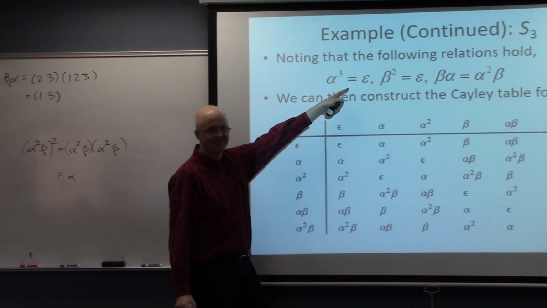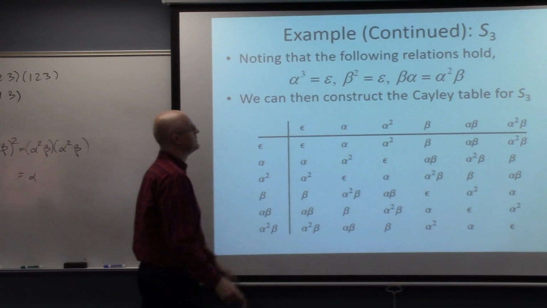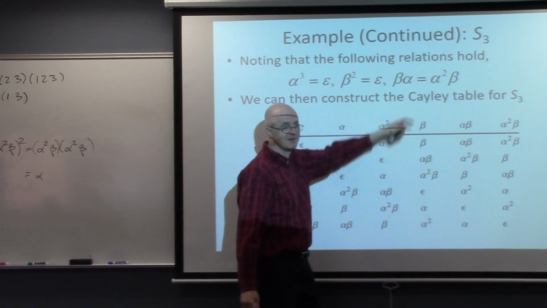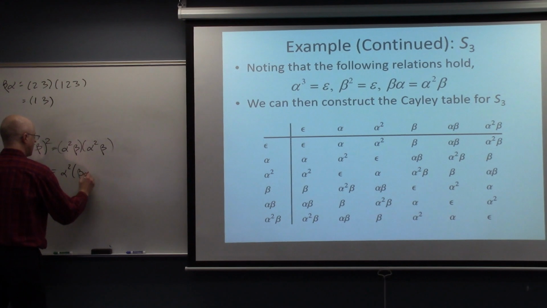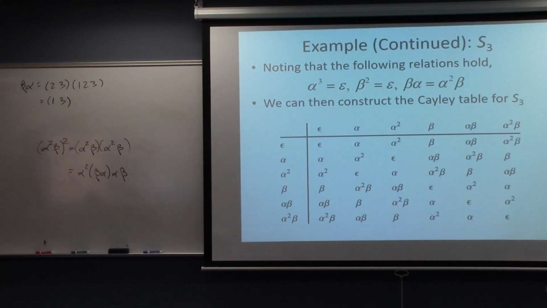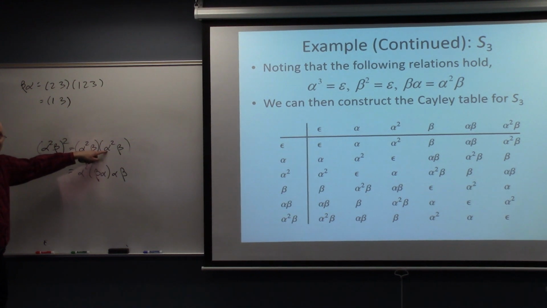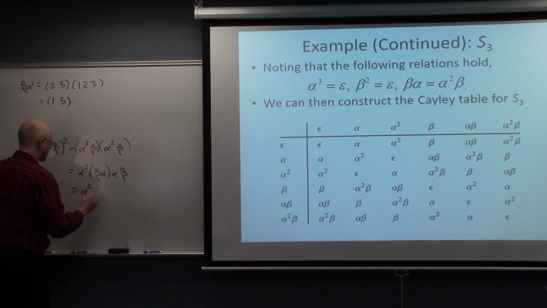That's the key. The first one I can use after rearrangement is this one. Combine beta with one of those alphas. And that is equal to, by that equation up there, alpha squared beta.